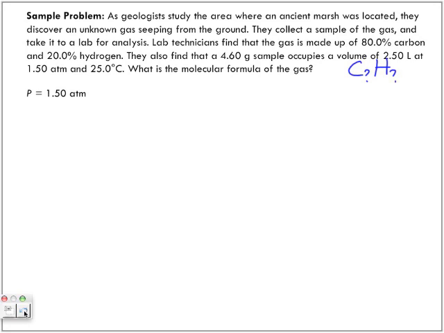Pressure, 1.50 atmospheres. Volume, 2.50 liters. Mass of the gas that was actually collected, 4.60 grams. R is 8.314 kilopascals liter per mole per Kelvin.